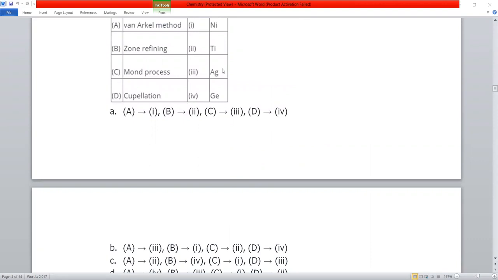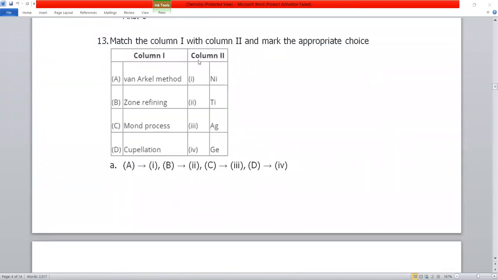Van Arkel method is used for what? Titanium is refined by the Van Arkel method. Zone refining is for germanium, the Mond process for nickel, and cupellation is used for silver. So these are metal extraction and refining methods. Which elements are we doing here?